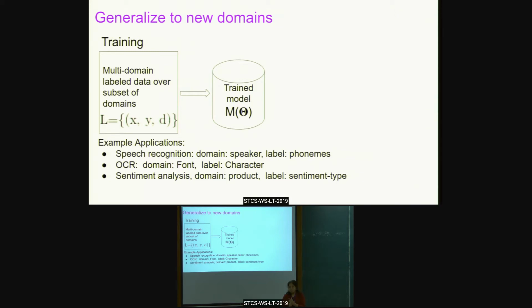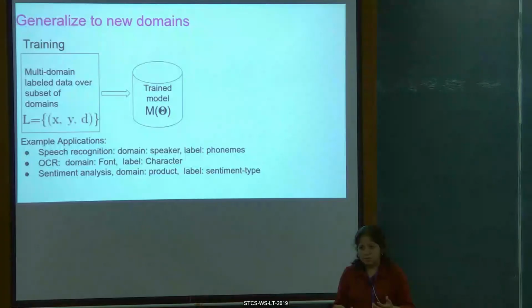So you can think of font as a domain. A second example: consider the training of a speech recognition model, where you have the input, the audio spectrogram, and the label Y, which is the spoken word. In addition, you have a domain label, which says the speaker who is speaking. So here, speaker is the domain.